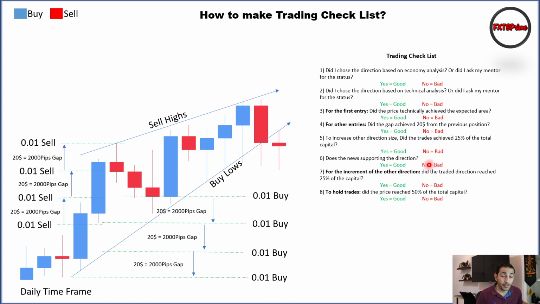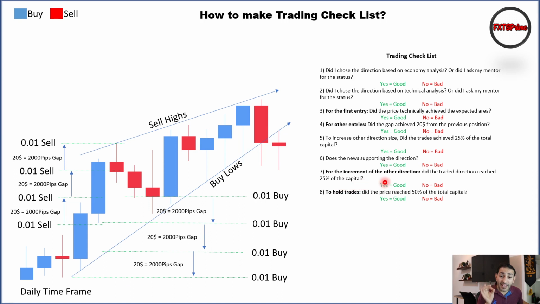Don't increase. Bad. So number 6, does the news support my direction? If it's supporting my direction, yes, it is good. Good to go. If it is not supporting my direction, if I am expecting the news and I don't know what is going to happen, why do you want to trade? It is bad because you don't know, or ask your mentor.